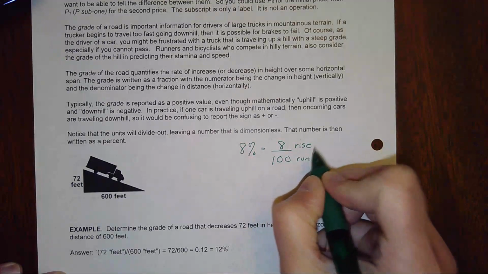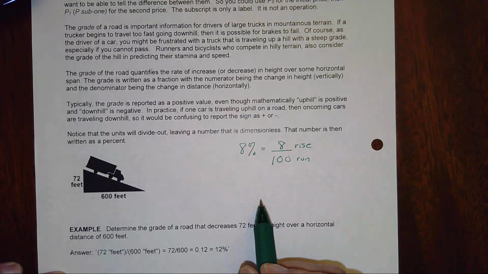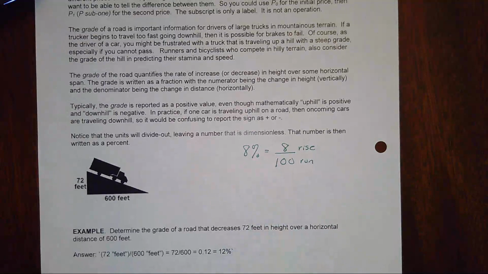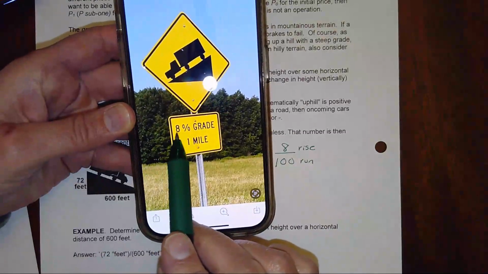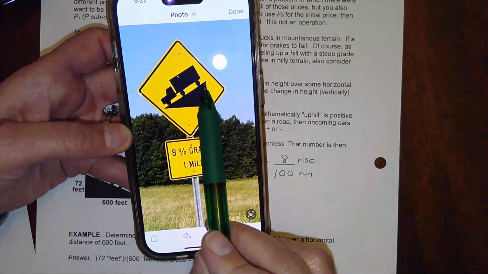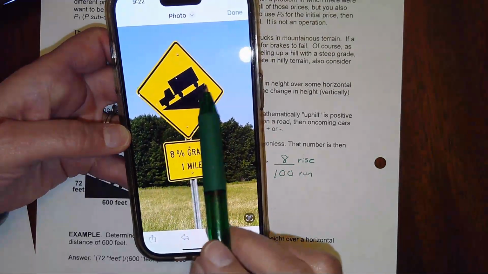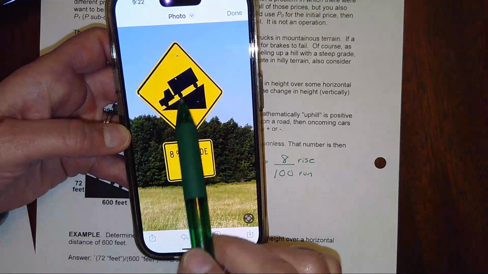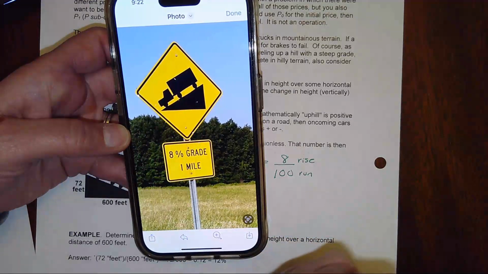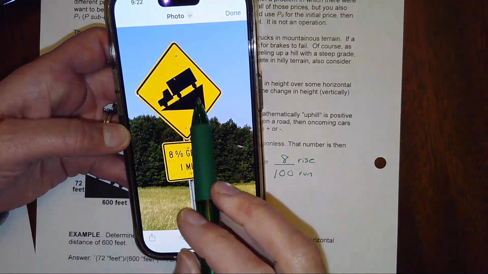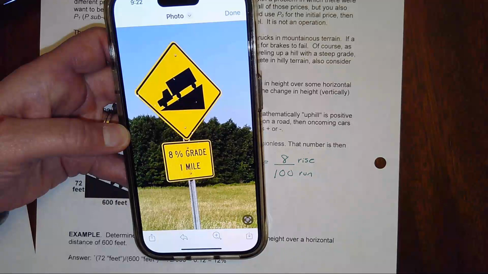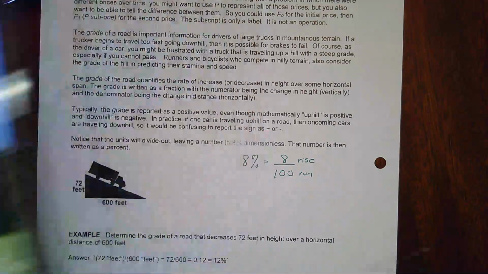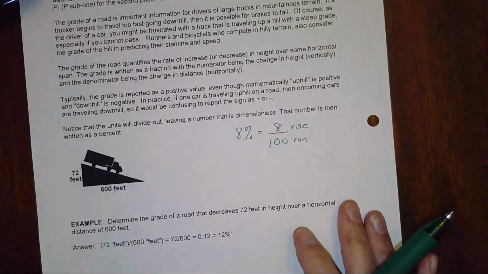So they're telling us that there's a change in the road. It would be really nice if that said -8, because this truck is going downhill, going down this direction, instead of going uphill.